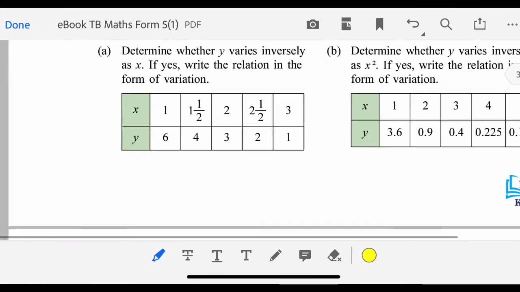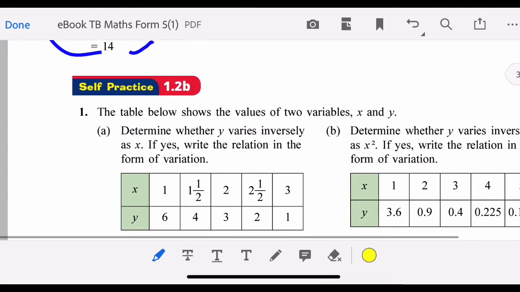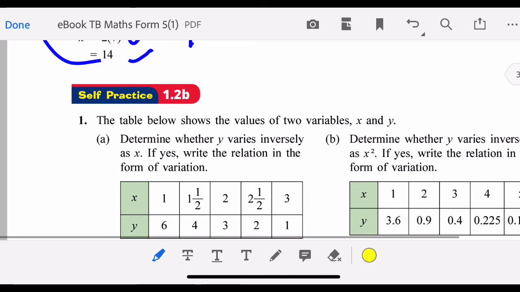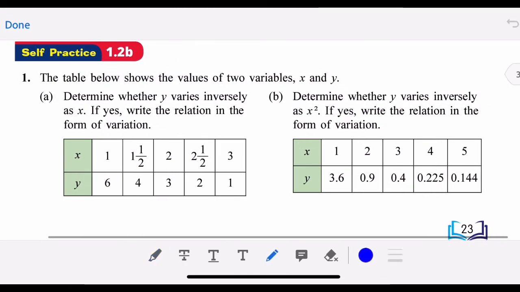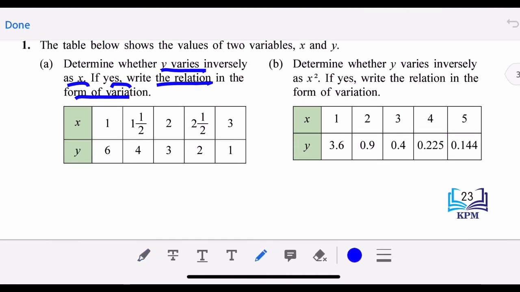So now you try to do exercise 1.2b. Right, so let's have a look at these two tables. Determine whether y varies inversely as x. If yes, write the relation to form the variation. Okay, now you try to multiply x and y. Are you getting the constant? Maybe we can get this one.